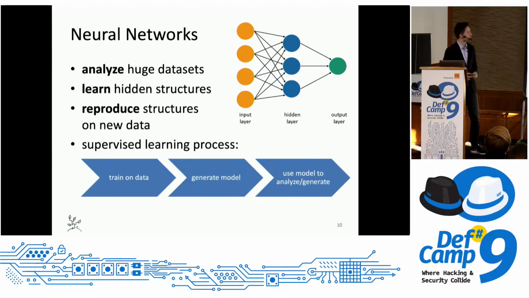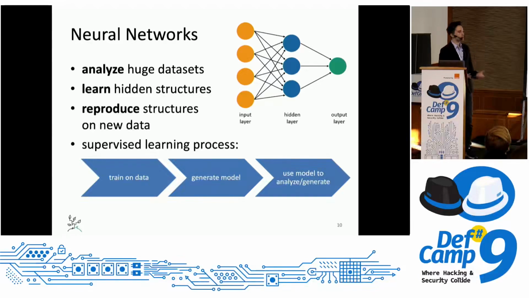And that's interconnected. So you have these input layers, you get information in there, then you have hidden structures in there, hidden layers, which basically save intermediate information, and then you have an output layer that says something about the information. And what neural networks can do for you is that they can analyze huge data sets, like password lists, and they can learn hidden structures, like password creation schemes.